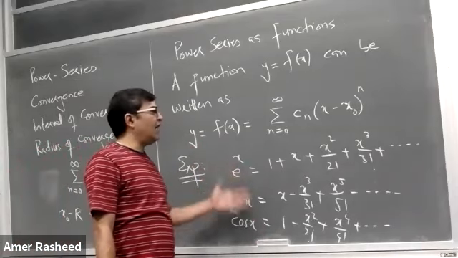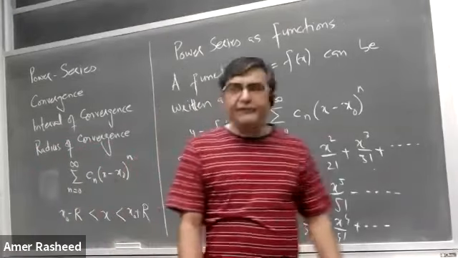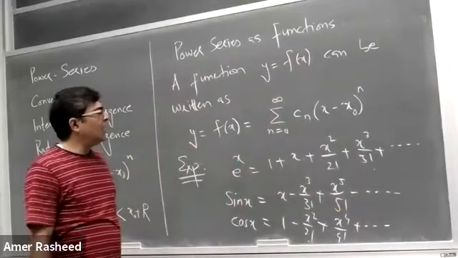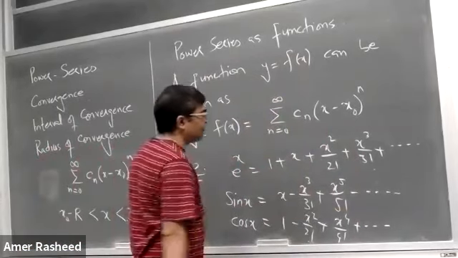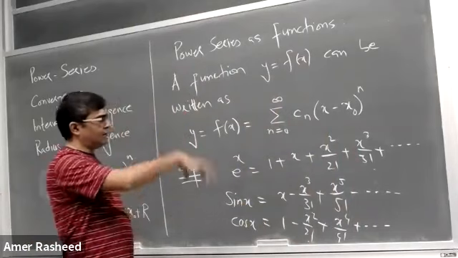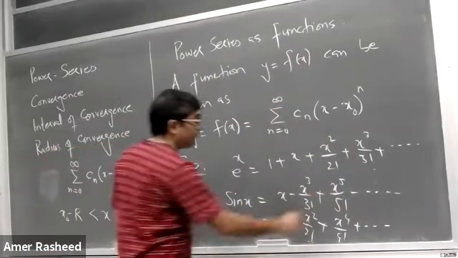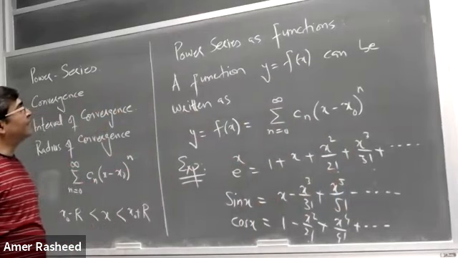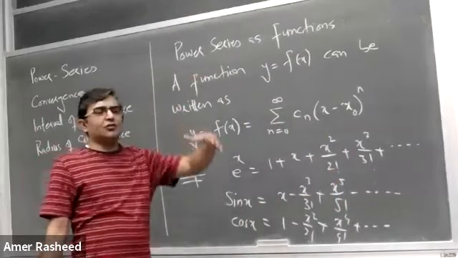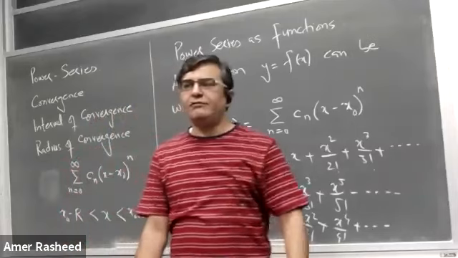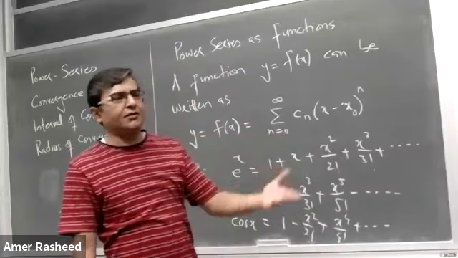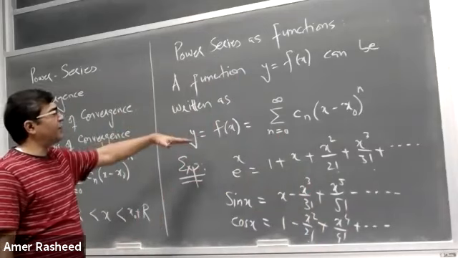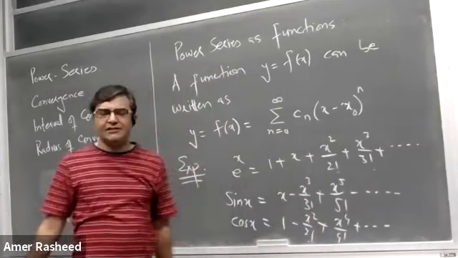And these functions are basically differentiable up to a certain order. We'll discuss these things later on in detail, but for now, just think that any function which is continuous, which is differentiable, or which is continuously differentiable up to nth order, can be written in the form of a power series.